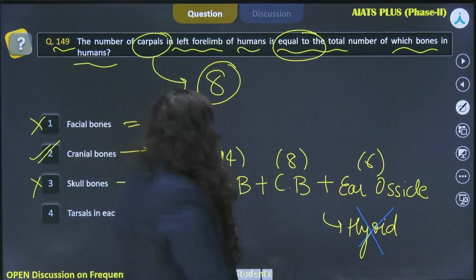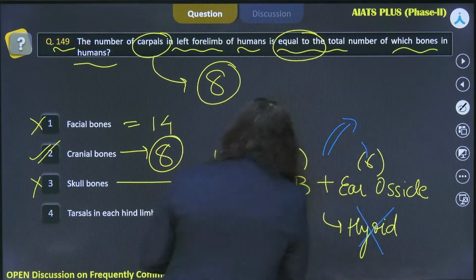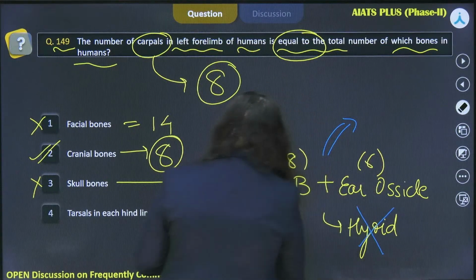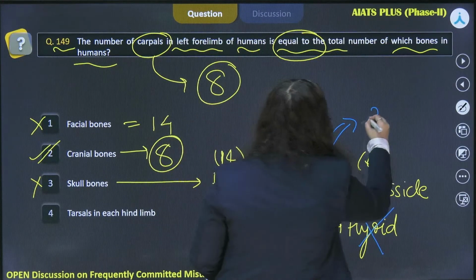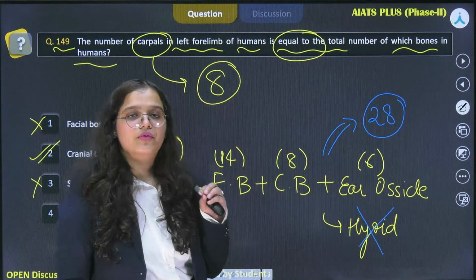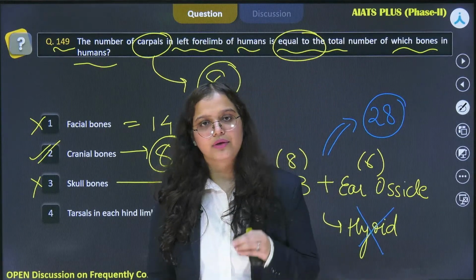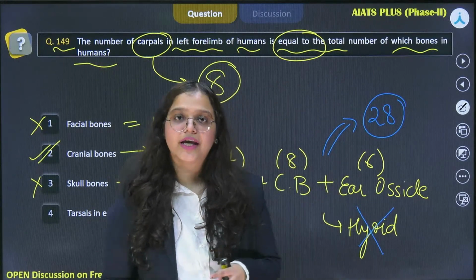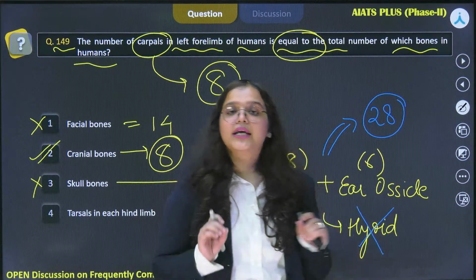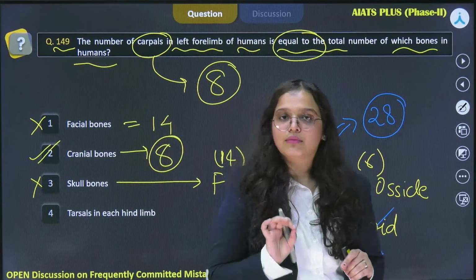So in total we now consider that we have only 28 skull bones, whereas earlier we used to consider 29 skull bones which also included hyoid. Just in case you are not aware, you should know that hyoid now is not included under the category of skull bones.